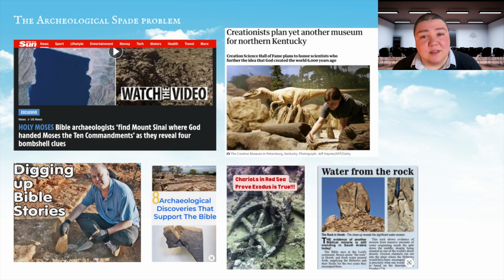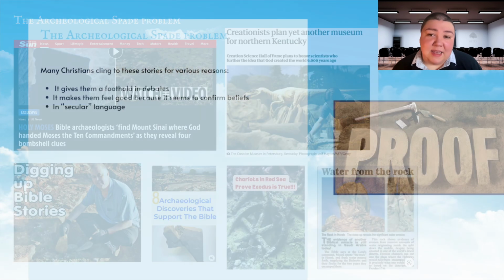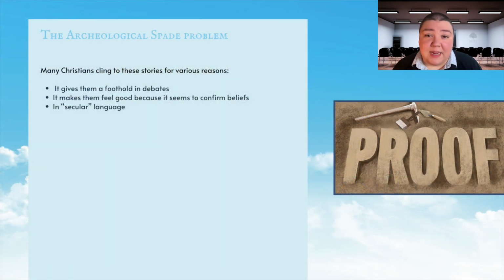Many Christians cling to stories like this, and they do it for several reasons. It gives them a foothold in debate against those who don't share the same beliefs as them. It makes them feel good because it seemingly confirms what they believe, even in so-called secular language.